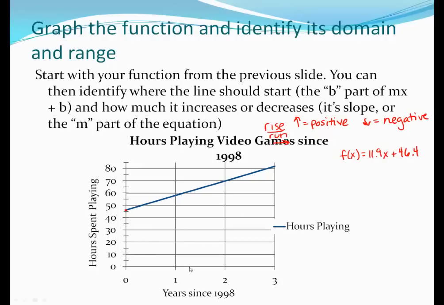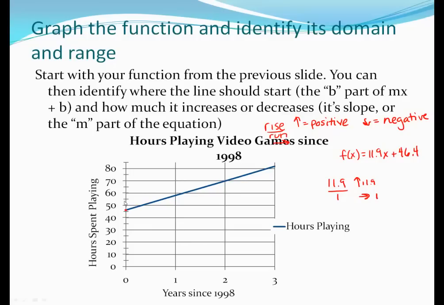Our x-axis is the years since 1998, that blue line represents the hours playing, and our y-axis is the hours spent playing. So if we look at this, it should go up. Now you've got 11.9, and we'll put it over 1 since it's not already a fraction. This is positive, so it goes up 11.9 and right 1.